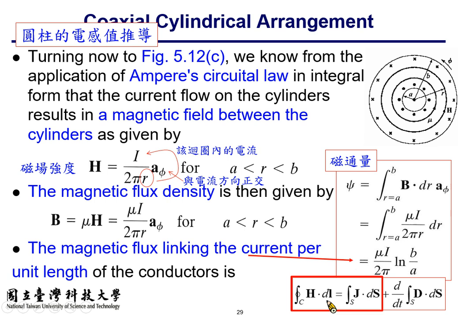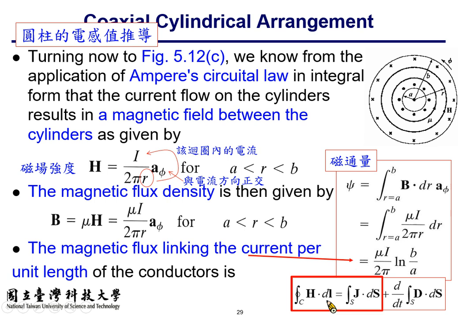Then the magnetic field intensity for this relatively simple geometry is I over 2 pi R. Is the field within this coaxial area the same everywhere? No, it's not homogeneous.